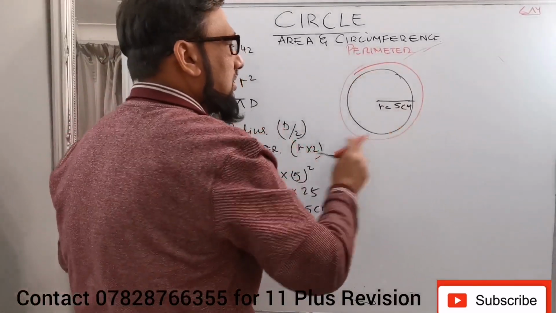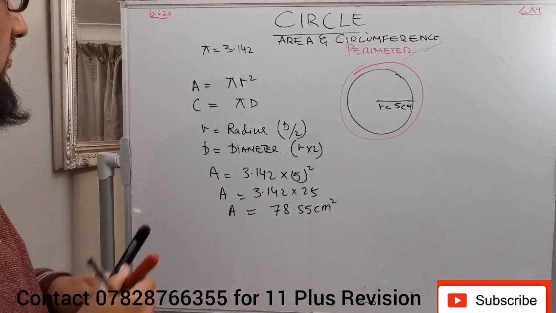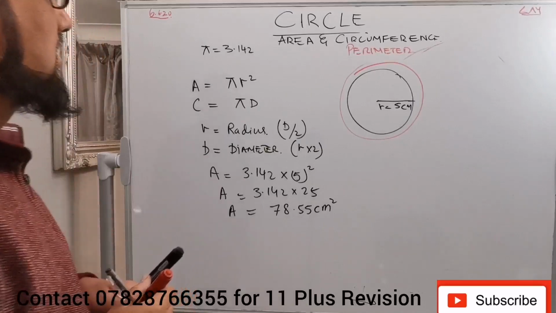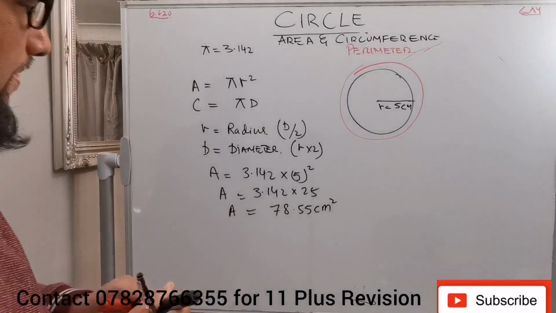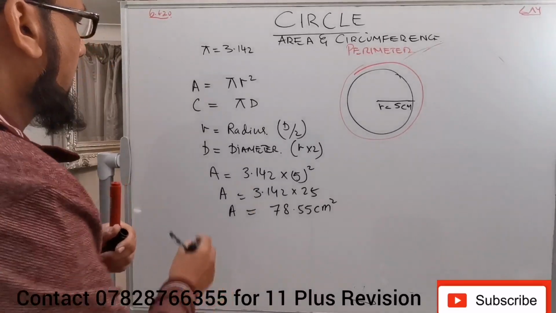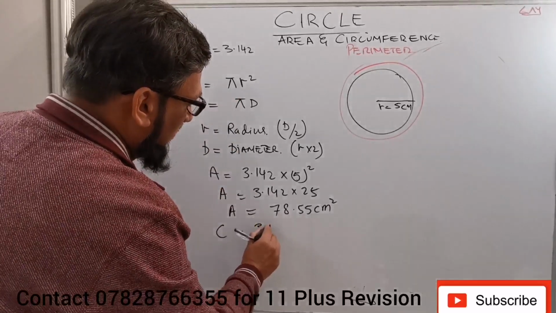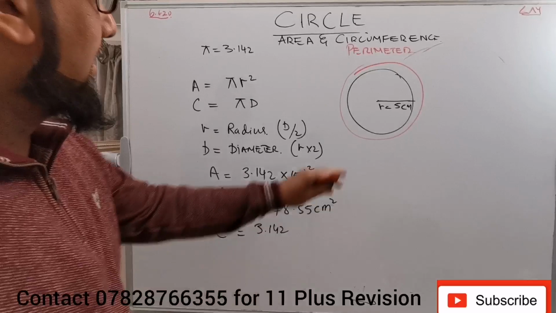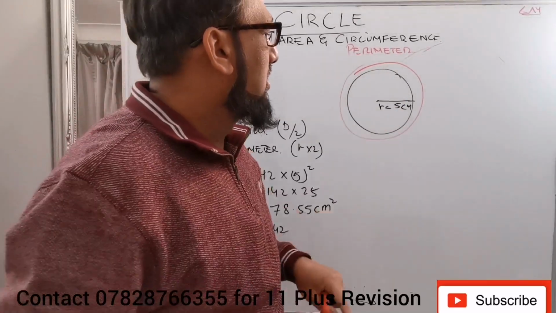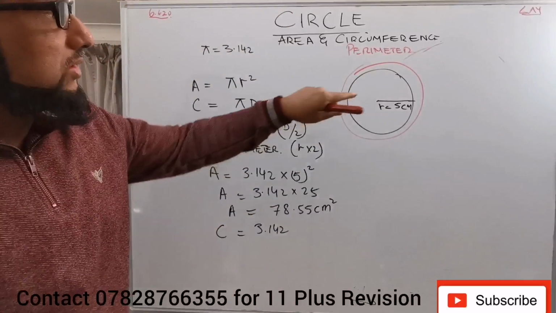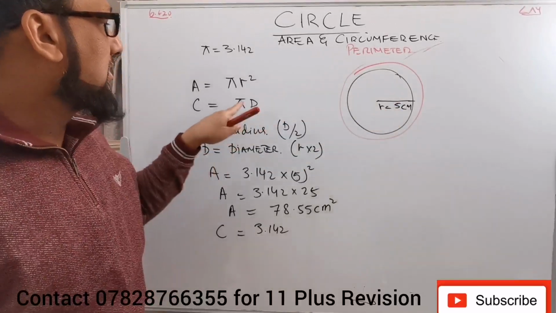The formula for circumference is pi d, with the value of pi fixed at 3.142. d means diameter, but they are giving you just radius 5, and we know that double of 5 is the diameter.